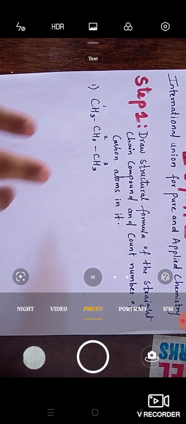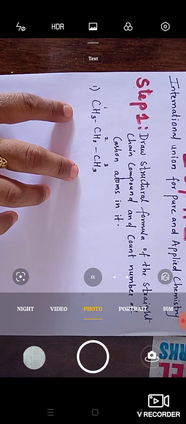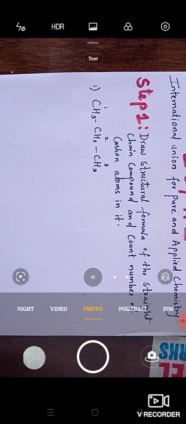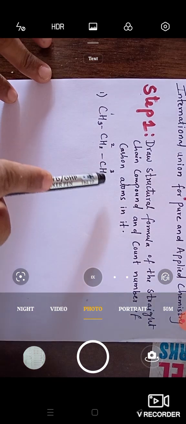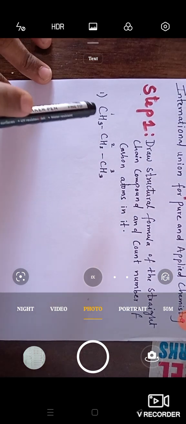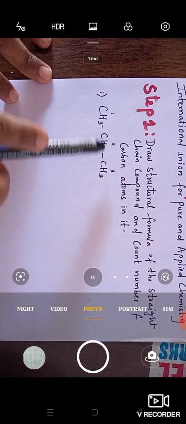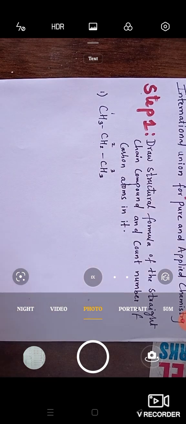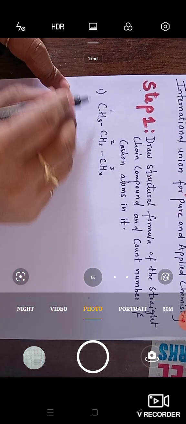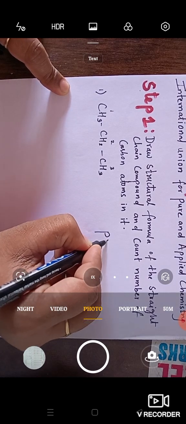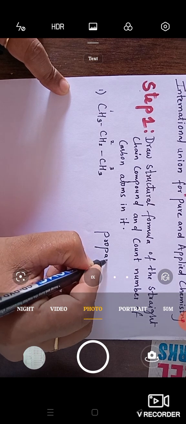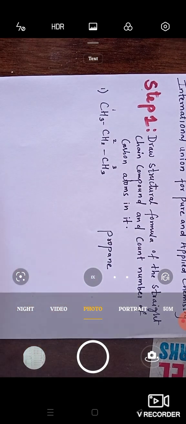The alkane with the same number of carbon atoms will be considered the parent alkane. The alkane family member with 3 carbon atoms is propane. So we will write propane as the parent name.